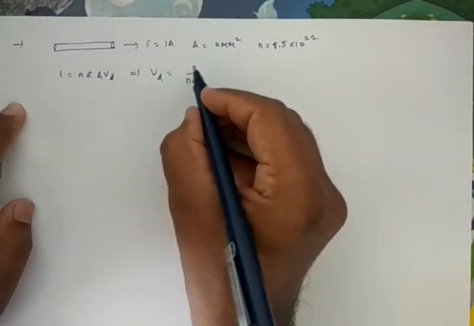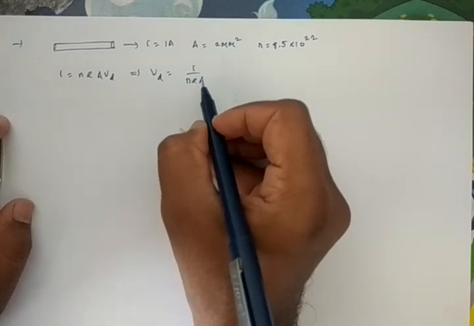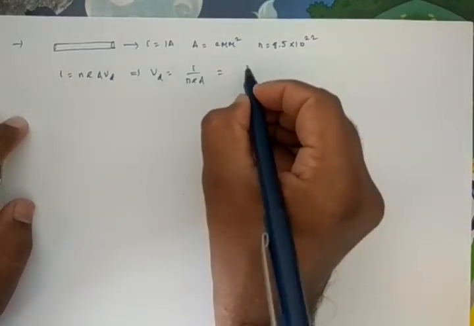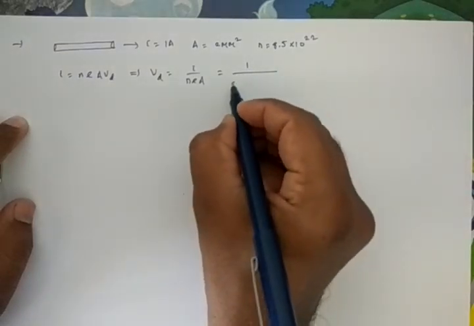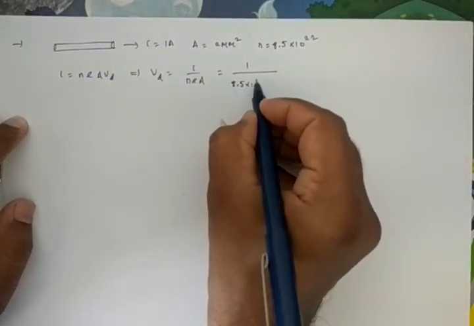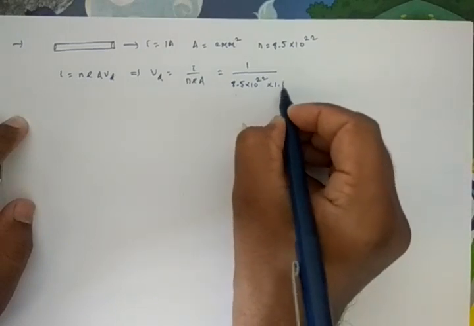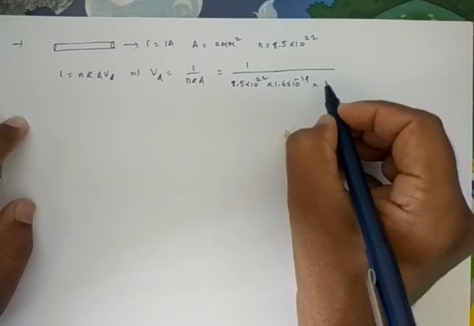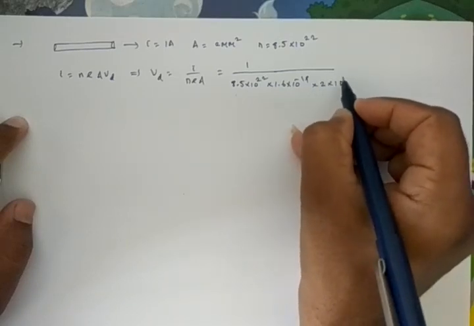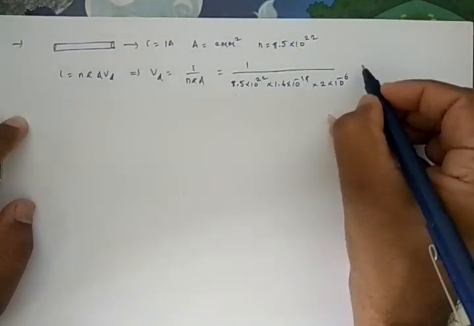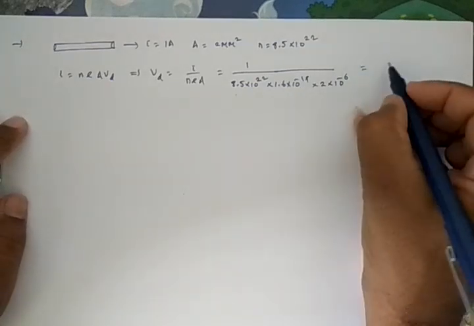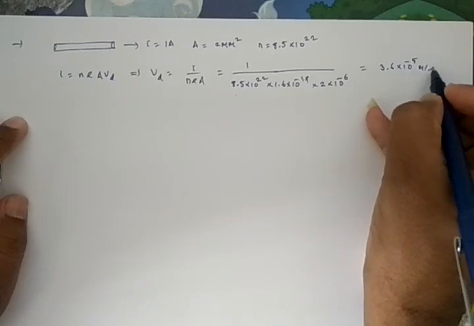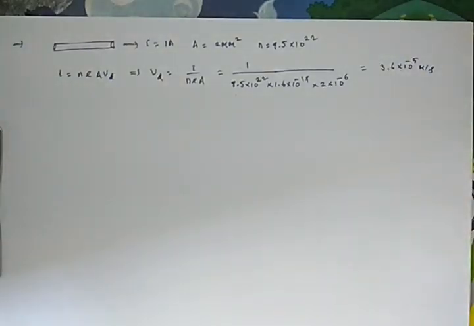So I is 1 ampere, N is 8.5 into 10 power 22, the charge of an electron is 1.6 into 10 power minus 19, and the area is 2 mm square, which is 2 into 10 power minus 6 meter square. That equals roughly 3.6 into 10 power minus 5 meter per second. So this is the question.